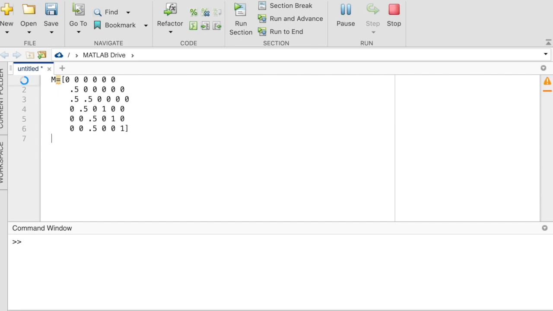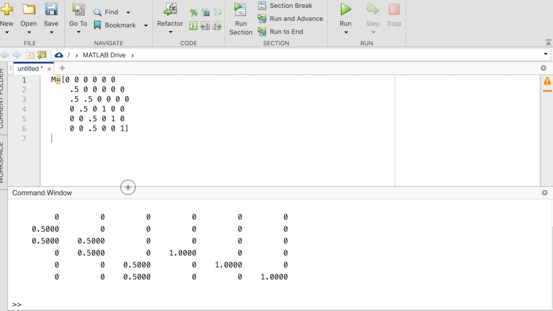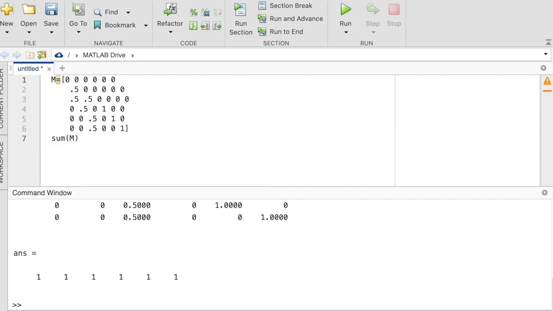Okay, let's just take a look at that. Make sure it looks right. Okay, I think that looks good. There's no real reason to do it in this example, but you can always sum at that point just to make sure it really is stochastic, and it is. So I will suppress this output. Okay, let's do m squared.